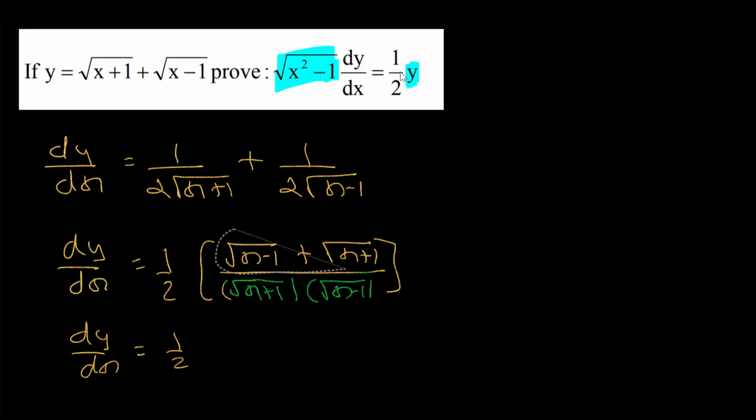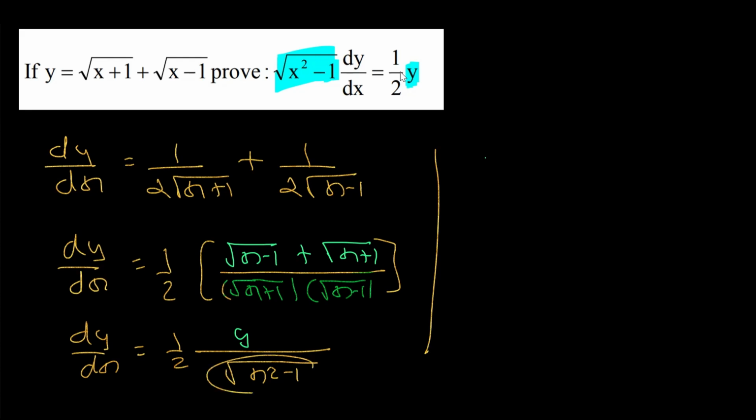Let me show you that this can be replaced with y only, as you can see y is this only. So I can simply place y over here. Below in the denominator is the product of these, which, applying a plus b into a minus b is a square minus b square, so we'll write this as under root x square minus 1.